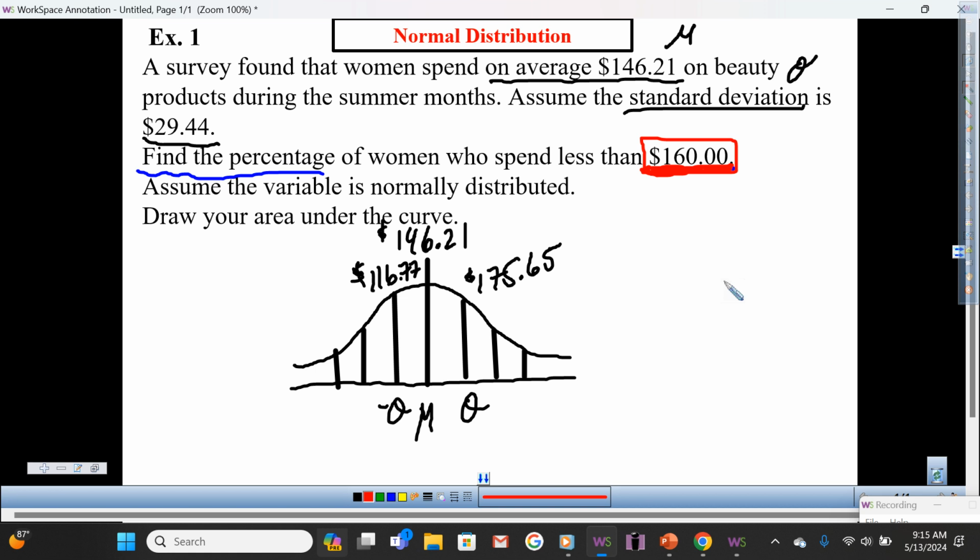Joseph, pass someone. Chelsea, between where and where is 160 on the bell curve? 146 to 175. Okay, tell me where to stop. Right there. Okay, so mark it right there, guys. And tell your neighbor what is another name for that position.